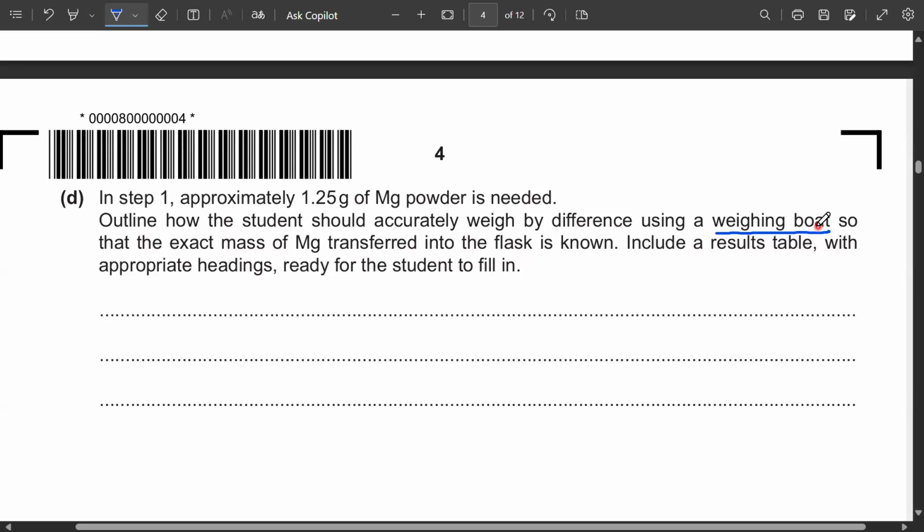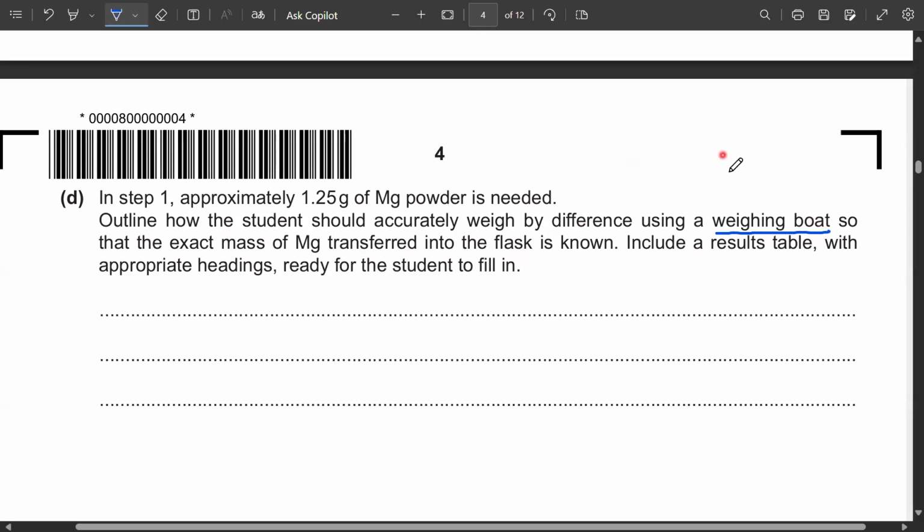It doesn't remain unstable, and also you can easily add and remove the solid from this weighing boat.